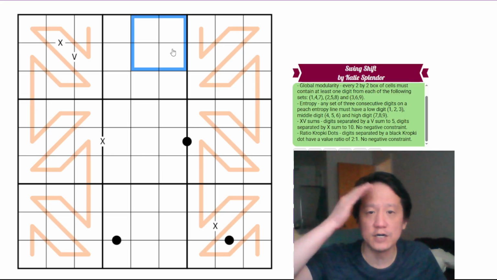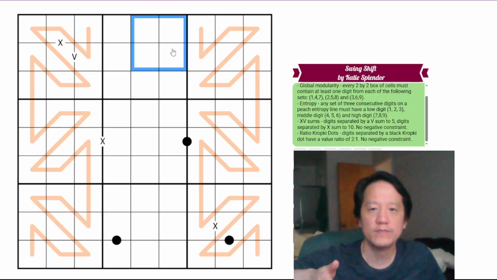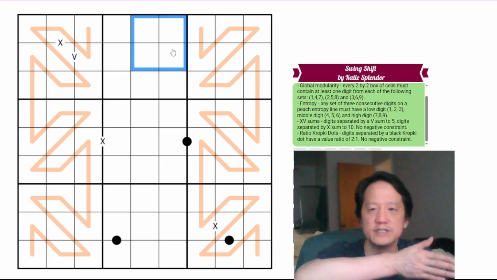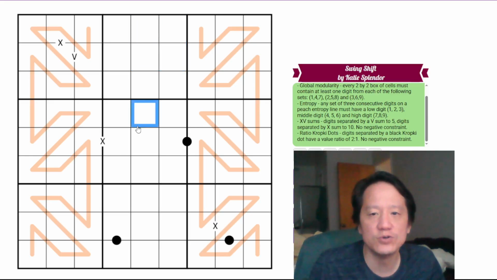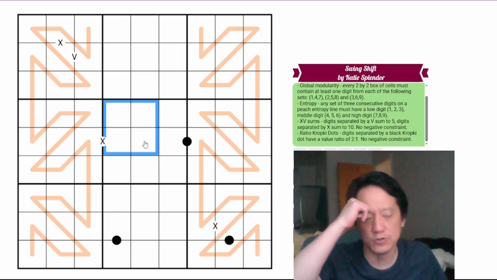And if you have a number keypad, it's basically the left column is one set, 1, 4, and 7. The center column is a set, 2, 5, 8, and the right column is a set, which is 3, 6, 9. So any 2 by 2 box of cells in this puzzle has to have one digit from each of the modulo sets, right?